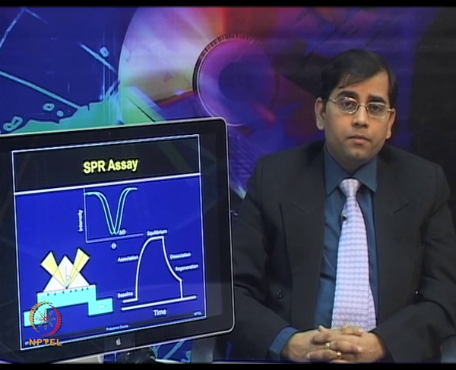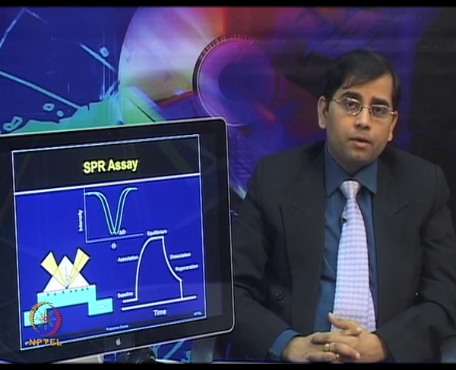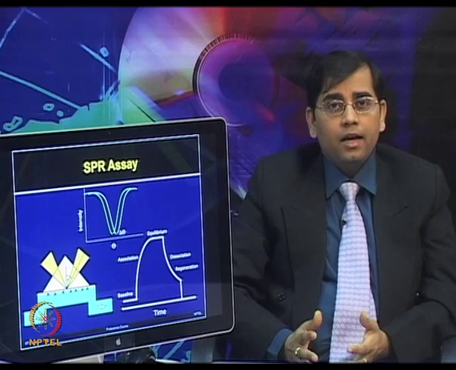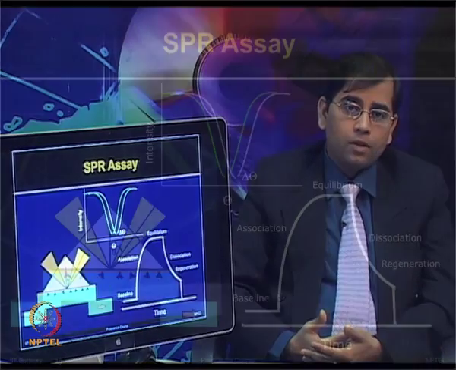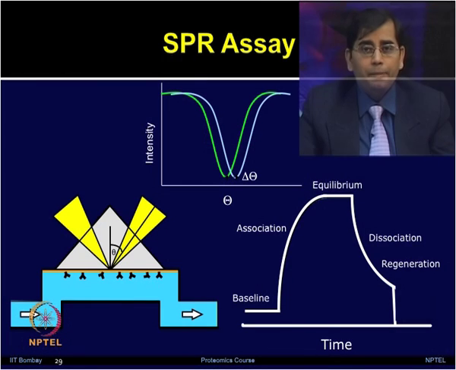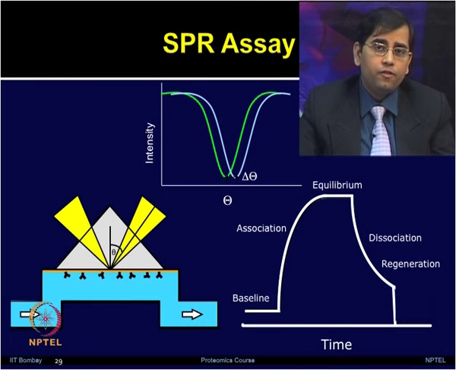So, overall the SPR assay means tracking the SPR angle to measure binding events. Now, by looking at some basic concepts and details of SPR sensorgrams, I think it should be very clear how the SPR angle is used to measure these binding interactions.